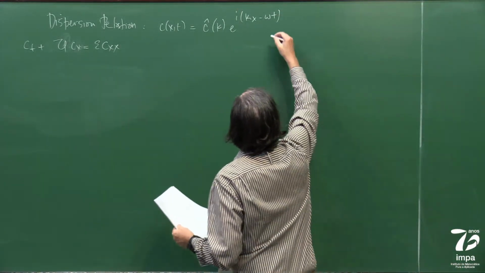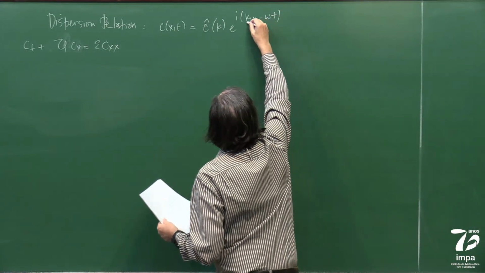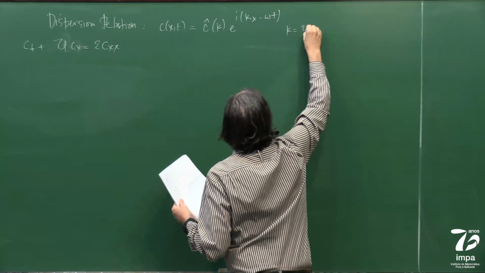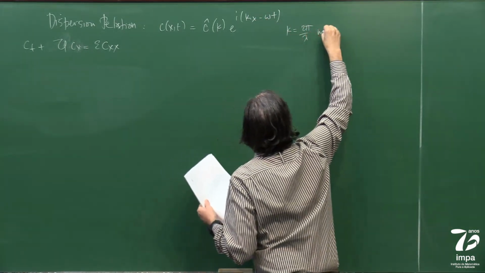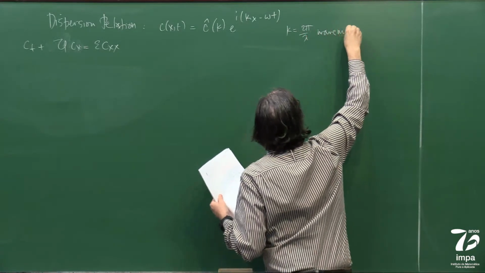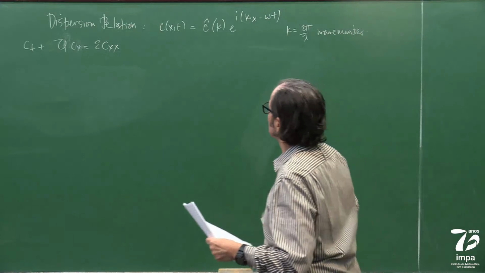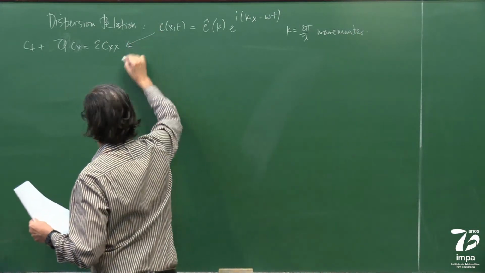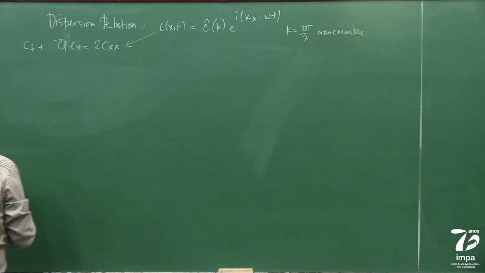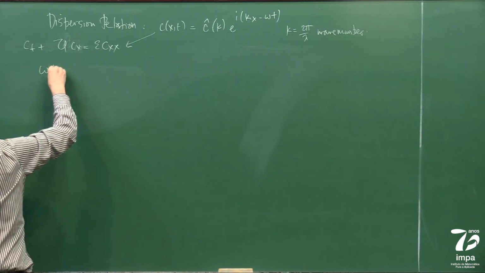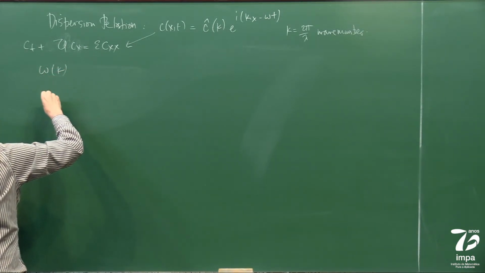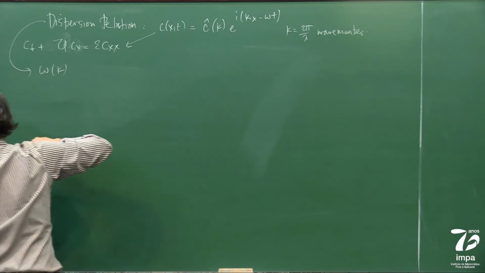This is the temporal frequency and the spatial frequency, which is also called the wave number. If you plug this in here, you get omega of k. This is what's called the dispersion relation.